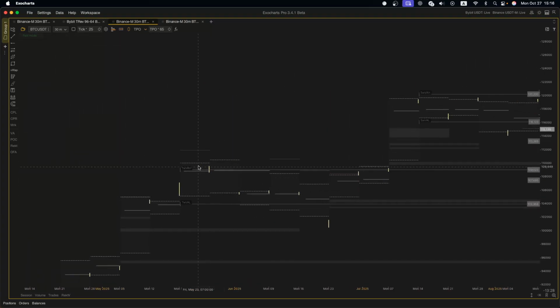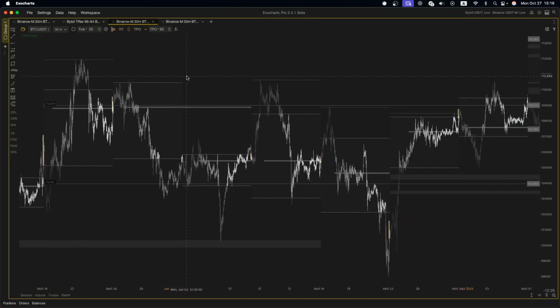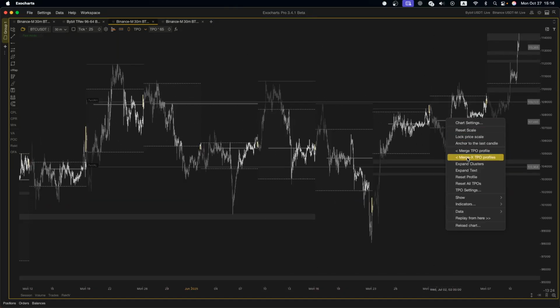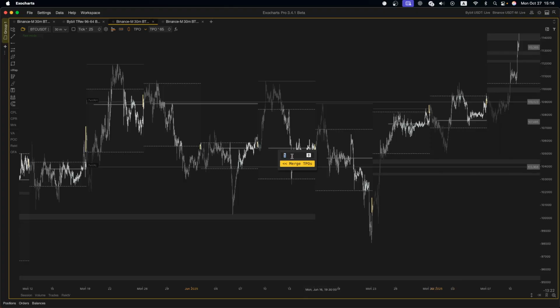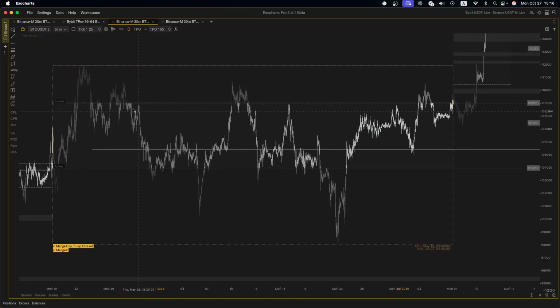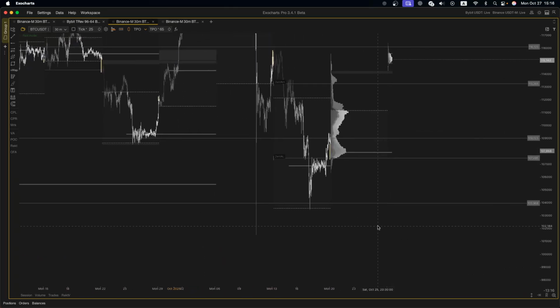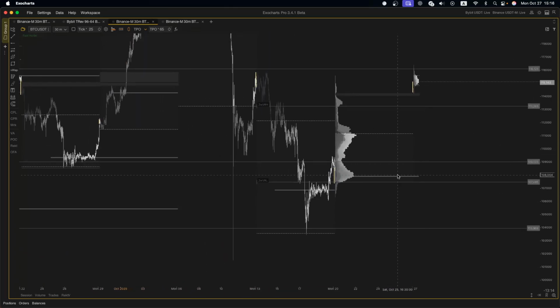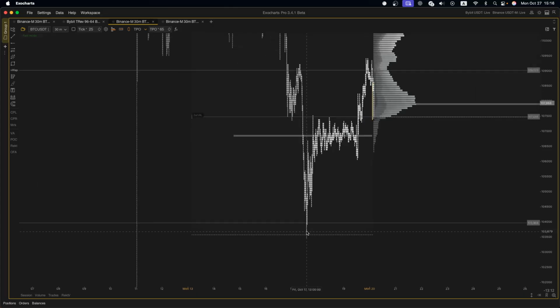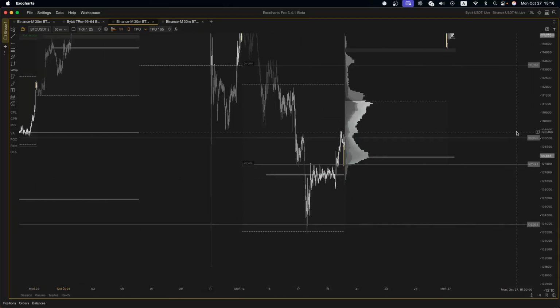If you want to take a look at it, let me merge this value right here, right? Pretty solid rotations. This was basically the level for price to bounce from.